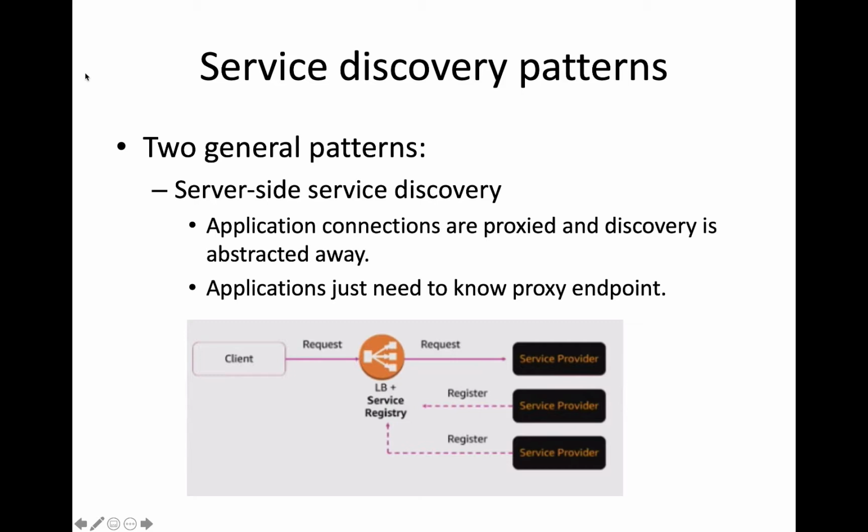And it could be communicating with multiple MySQL servers, maybe even some read replicas. And if one of those replicas were to fail, then the load balancer recognizes the failure and is able to route requests to an instance which is healthy. So with the server-side pattern, you've got some sort of proxy that sits between the two services and abstracts away the actual service location.